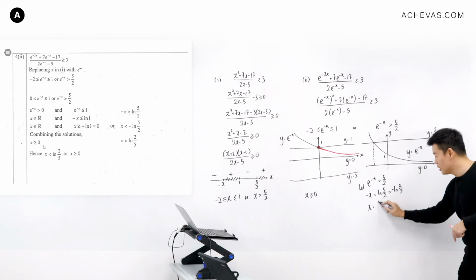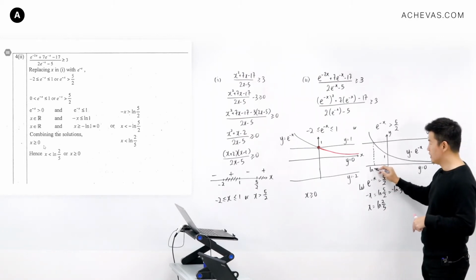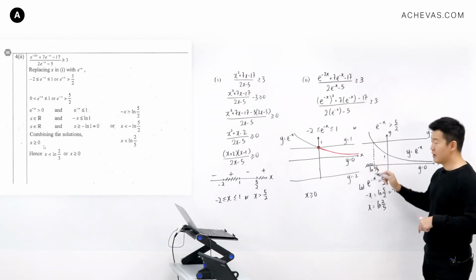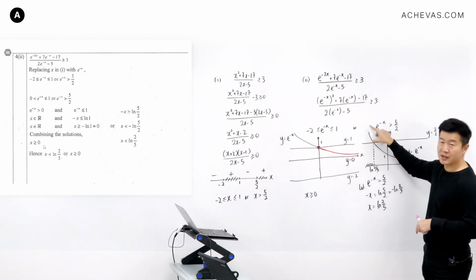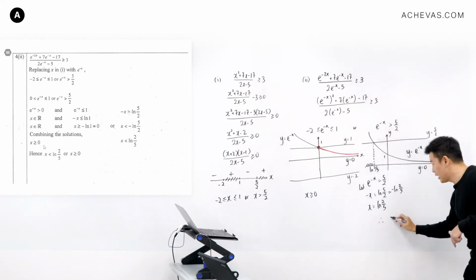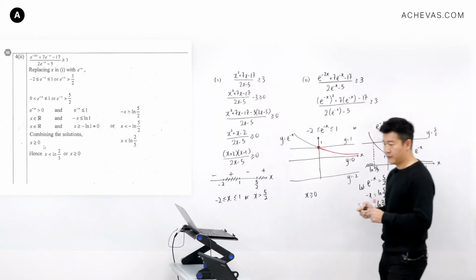So this is like ln 2 over 5, which is a negative value. And I'm looking for this value of x that will cause this to be bigger than 5 over 2. So therefore, I know x is supposed to be strictly less than ln 2 over 5.